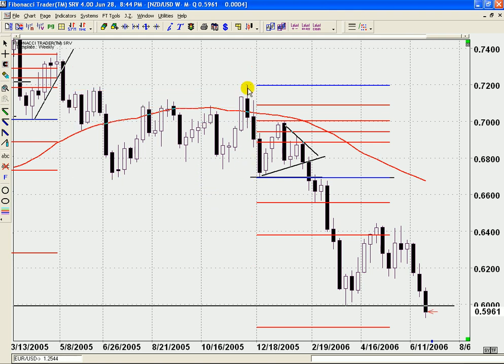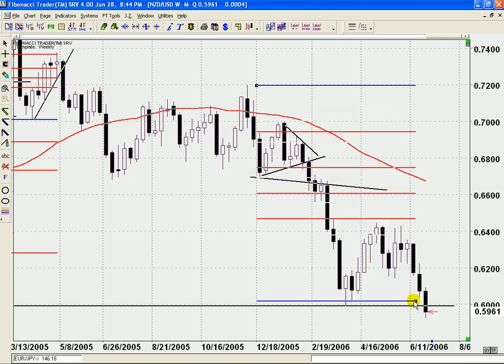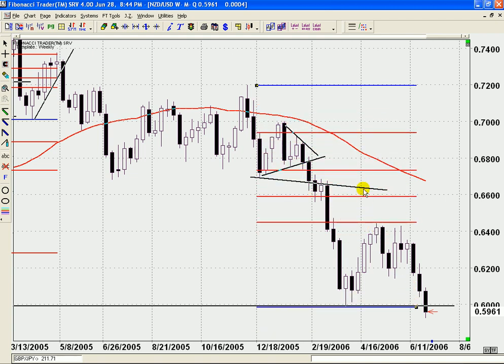This swing down, price falls. It retraces 62%, 50-week moving average, and boom, it falls to the 127%, then down to the lows that we noted, and then retraces. Now it has retraced 38%. It is now moving down as the US dollar is rallying.